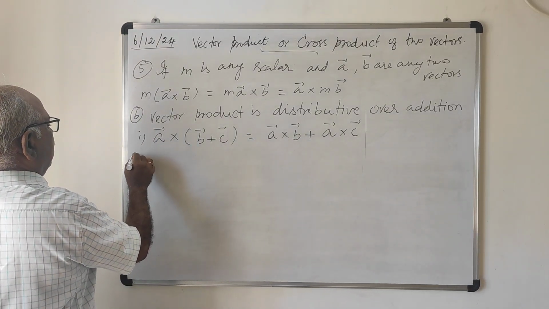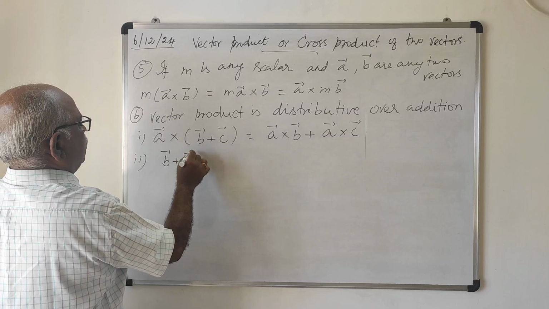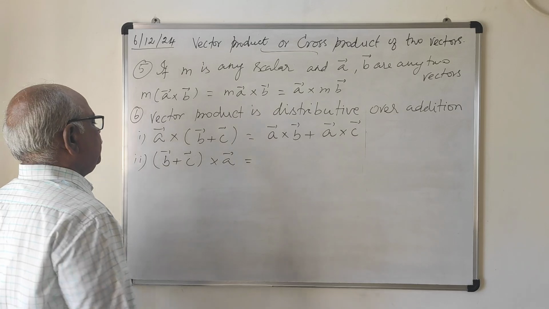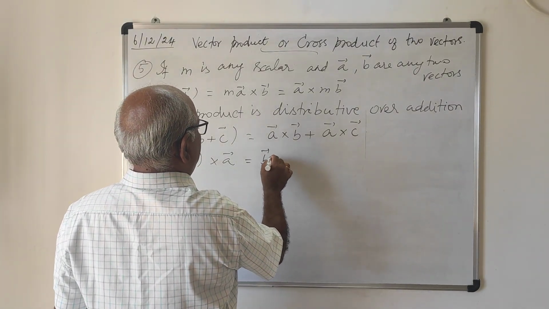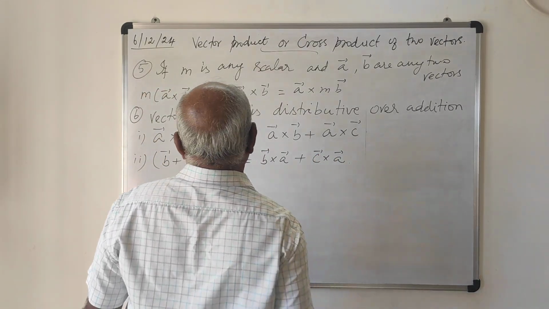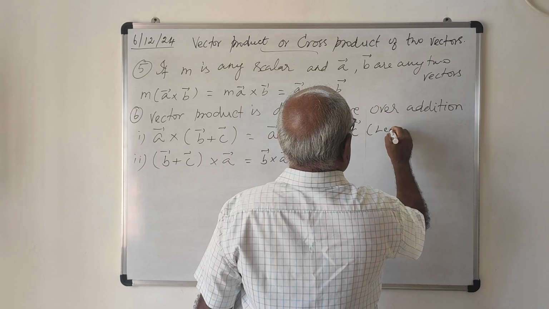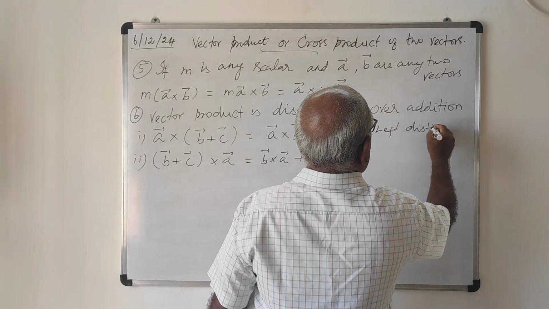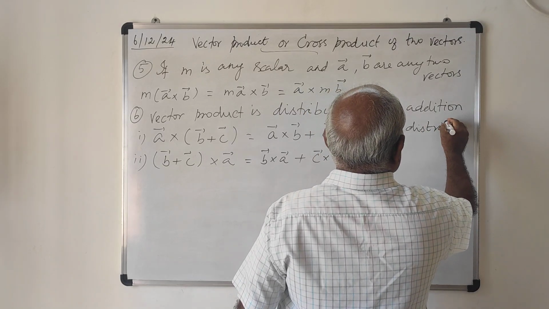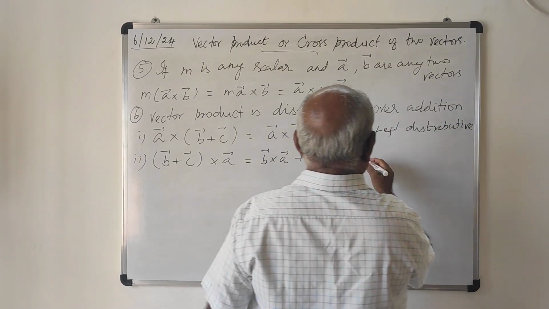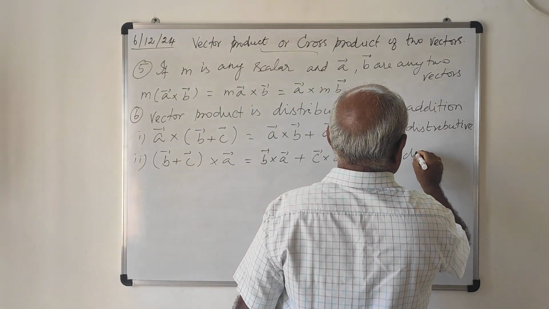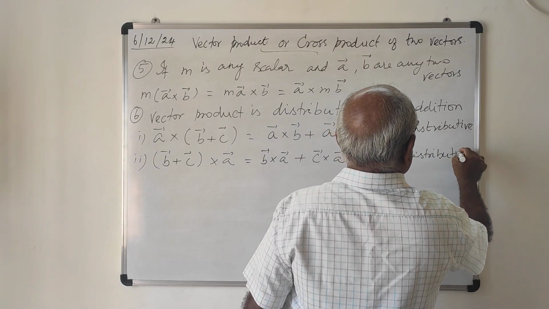Another one: B plus C cross A equals B cross A plus C cross A. The first one is the left distributive law, and the second one is the right distributive law.